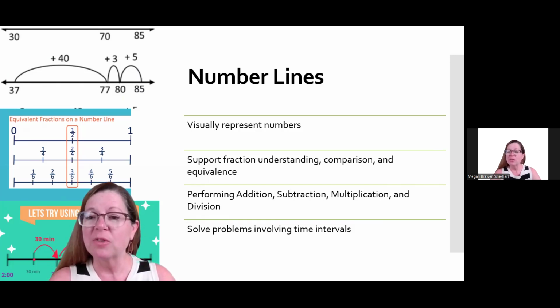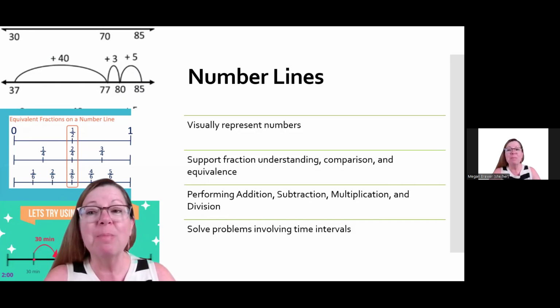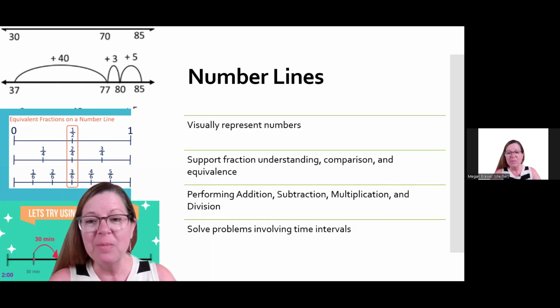Fluently add and subtract within 1,000 using strategies and algorithms based on place value, the properties of operations, and/or the relationship between addition and subtraction.